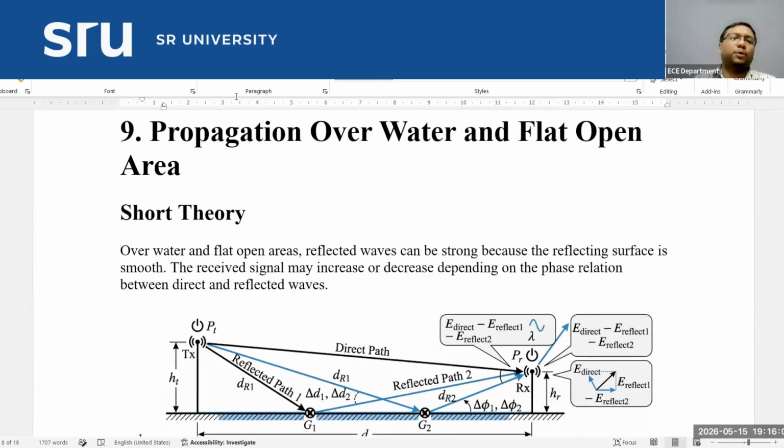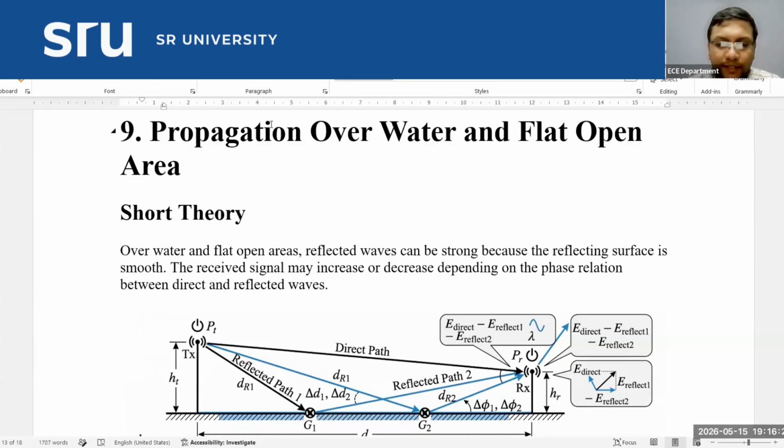The next topic is propagation over water and flat open area. Why is this propagation over water and flat open area so special? Because in a suburban environment, when any wave is hitting the ground, it is a rough surface.